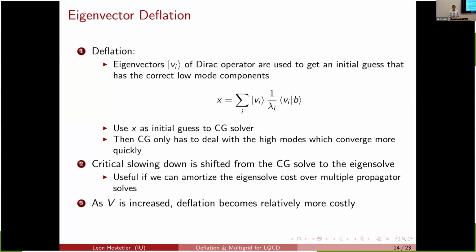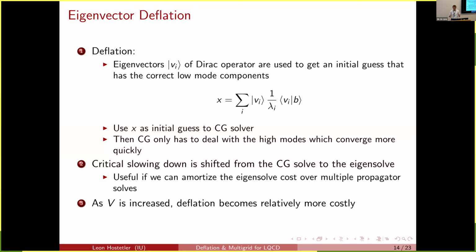And then we pass this resulting vector into our CG as our initial guess. And now CG only has to deal with the easy parts. So effectively, what we accomplish this way is we remove the critical slowing down from the conjugate gradient part of our workflow and shift it to the eigensolver part.